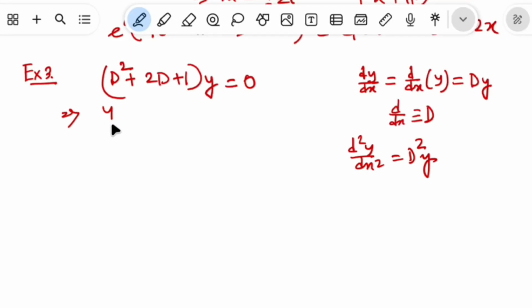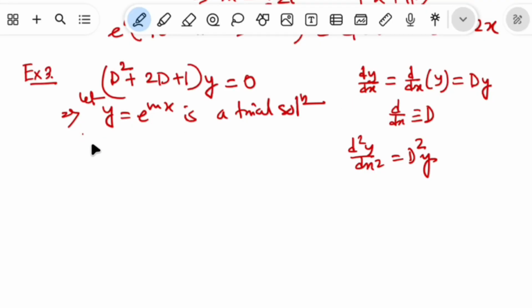So therefore we have the same things to do. So let y = e^(mx) be a trial solution. If it is a trial solution, then we know that dy/dx = m e^(mx).